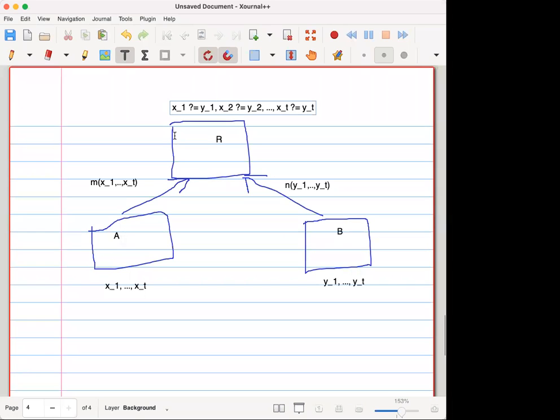So the output of the referee is no longer 1 bit, but t bits, the ith bit being the referee's guess whether xi equals yi. This is called the direct sum problem for equality, direct sum for the equality function. So t independent instances of equality have to be solved. And the question is, what is the private coin communication complexity? Is the question clear?